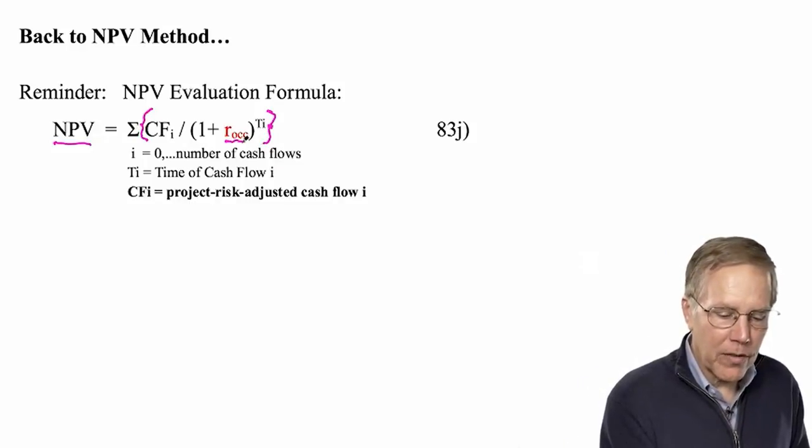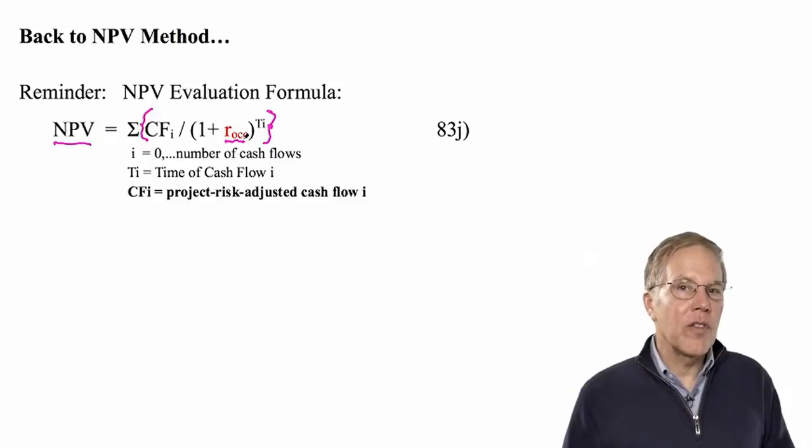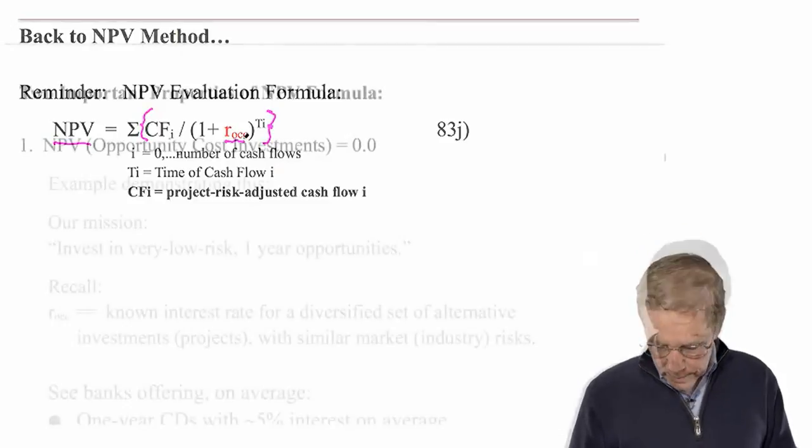Using the opportunity cost of capital. And what cash flows are we talking about again? Cash flows that have been risk adjusted for project-specific risk, or what I sometimes call stupid manager risk.